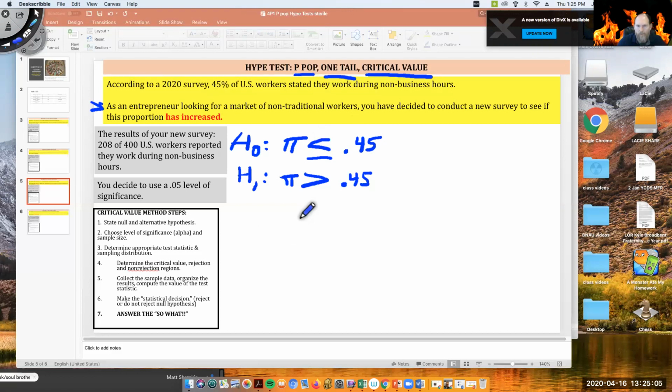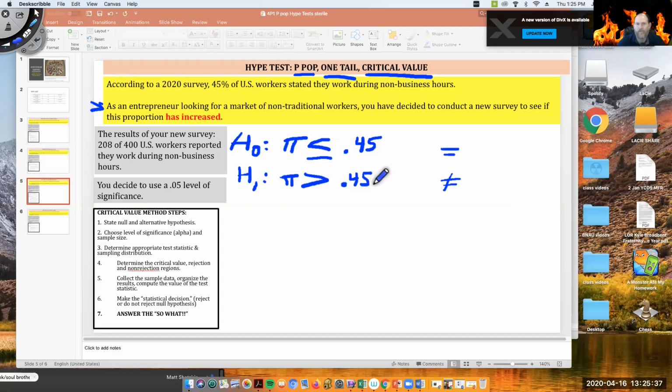Now remember, we're looking for opposites. Before we had equals and we had not equal. This is a two-tailed test, which is not what we're doing right now, but I'm showing this to show the similarities and patterns. These are essentially opposites. It is either equal or not equal to. These are very much opposite.